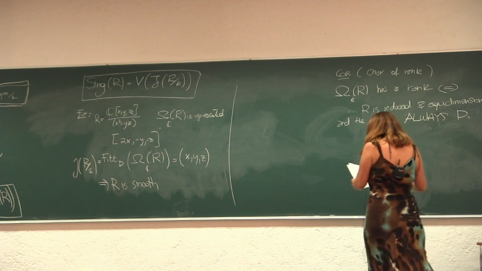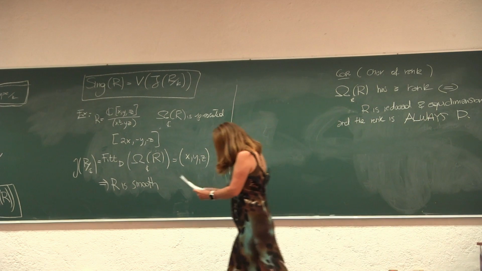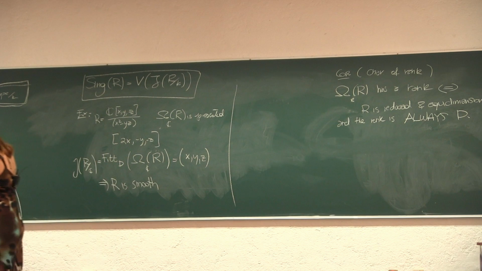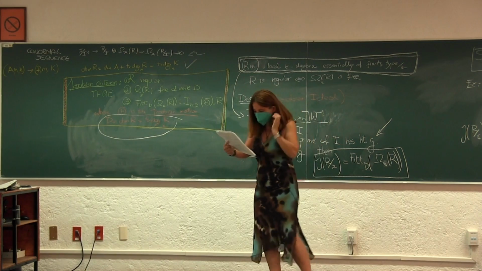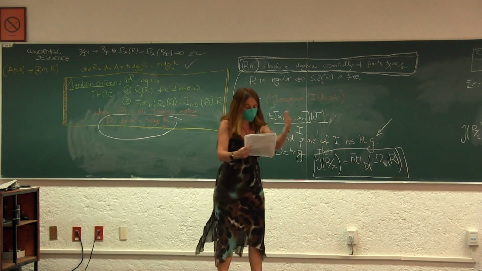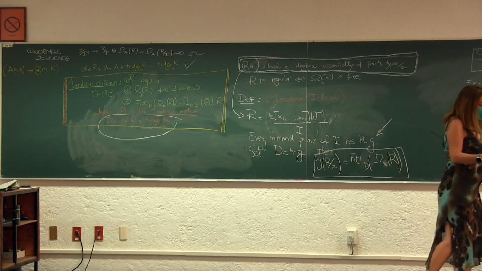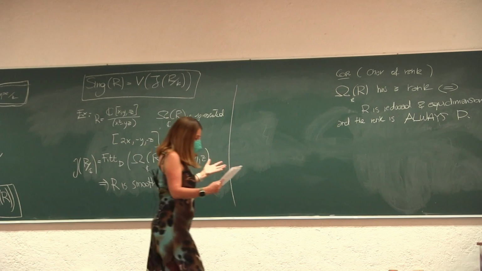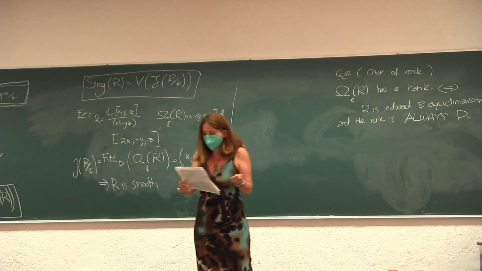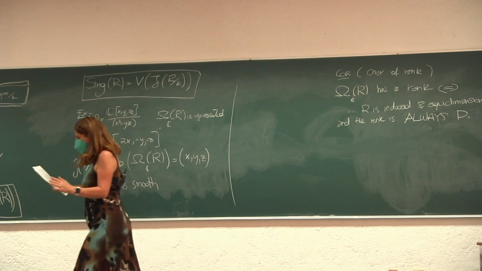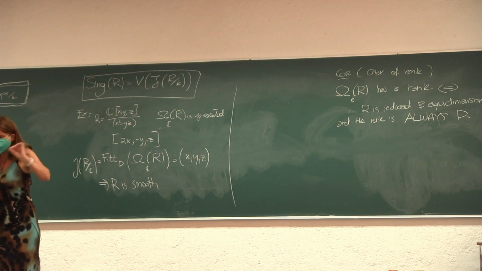Now I want to go to, so in the notes there will be actually two theorems that I cannot prove because they are needed for Lipman's proof. Actually one of them is really, really interesting. It tells you what happens when you have a derivation from R to R, a derivation that sends x to 1.